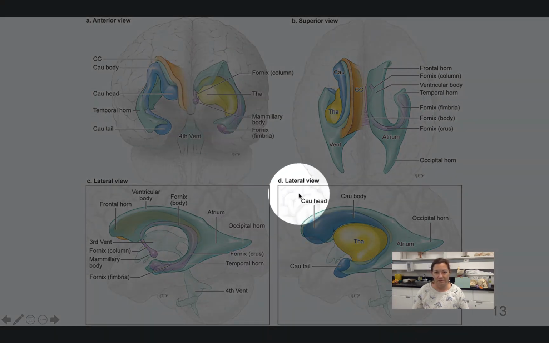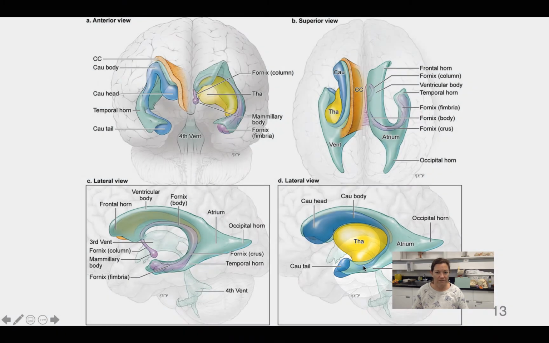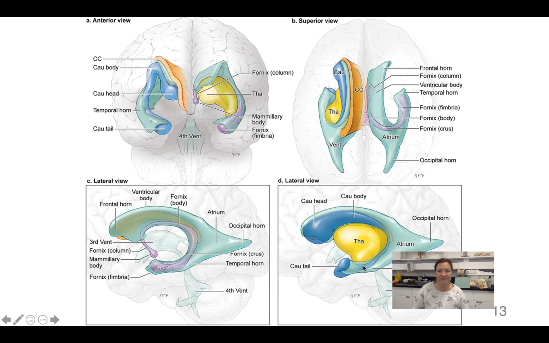So what do I mean? Here you can see the head of the caudate is nestled immediately lateral to the anterior horn of the ventricles. The bodies travel together around this C-shaped curve, and the tail of the caudate is medial to the temporal horn of the lateral ventricle. So they really fit nestled together in a C.